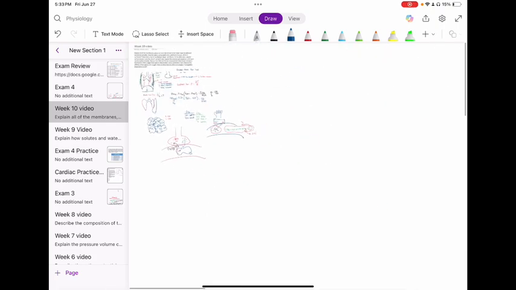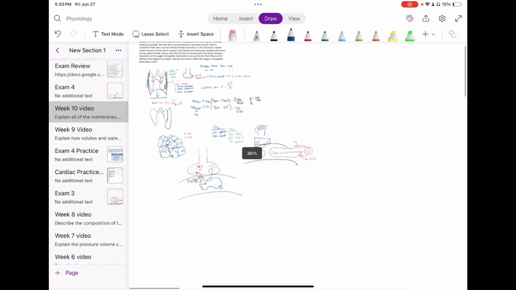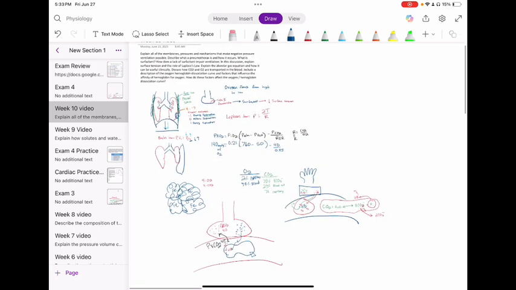There's now a graph that we can represent this. This is called the oxygen hemoglobin dissociation curve.